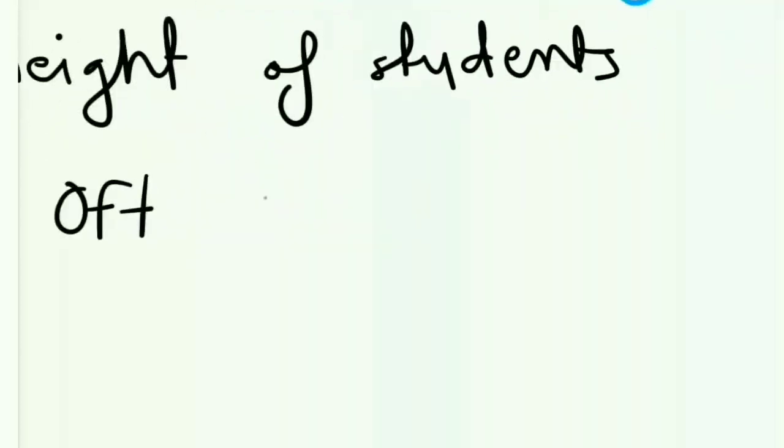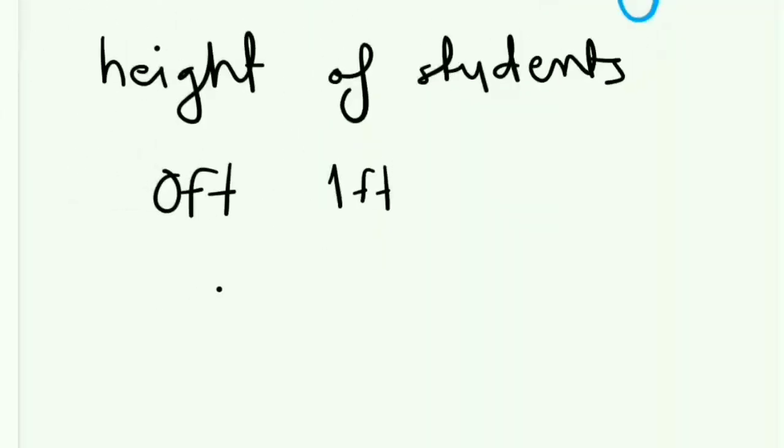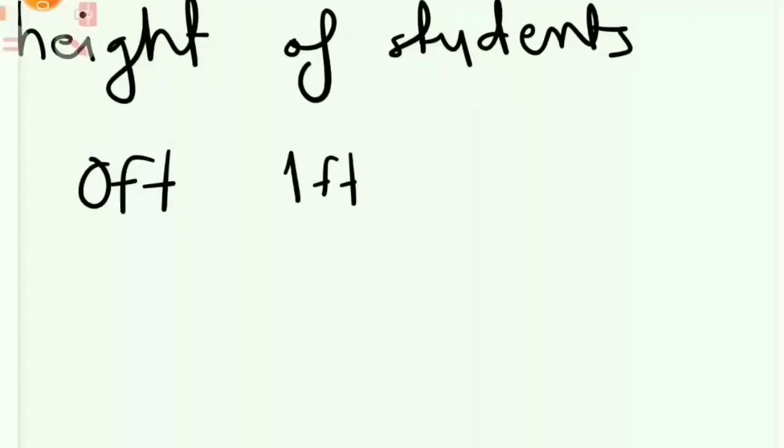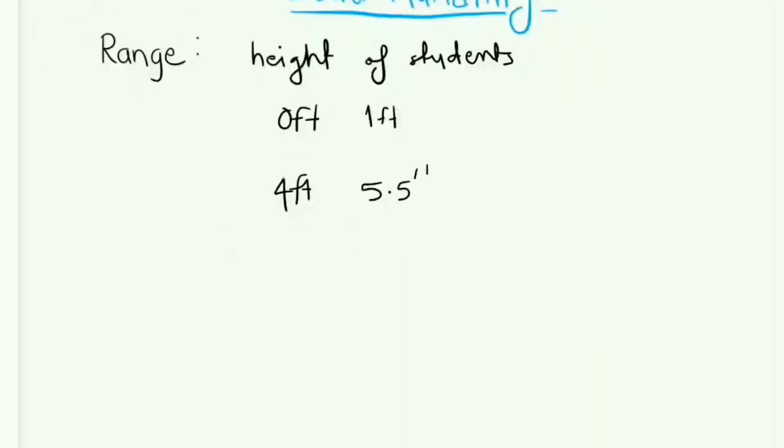For that matter, 1 feet का भी कोई student class 7th में नहीं रहेगा. कहाँ से कहाँ तक रहेगी उनकी height? Maybe 4 feet से लेके 5.5 feet तक, right? So this is the range of height of students who are in 7th standard.